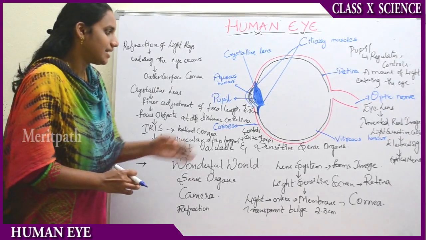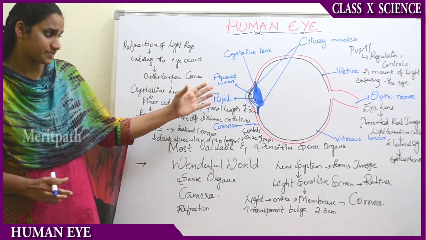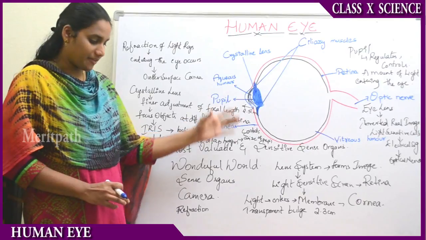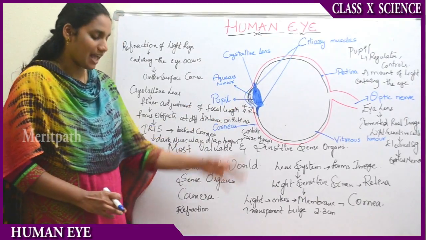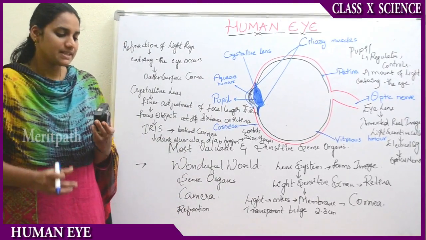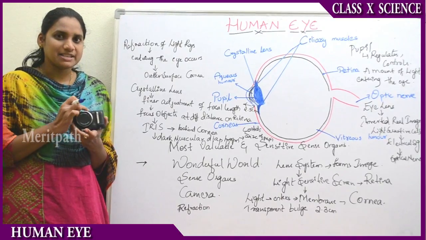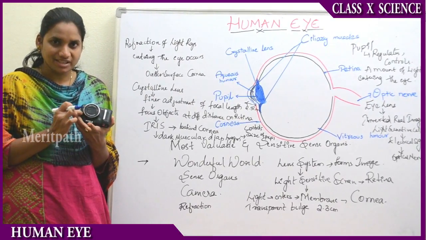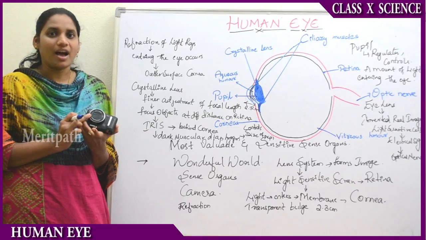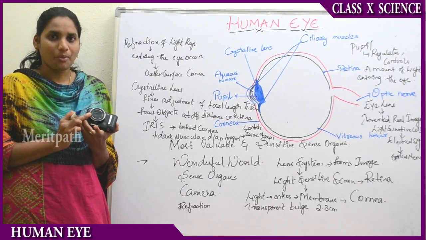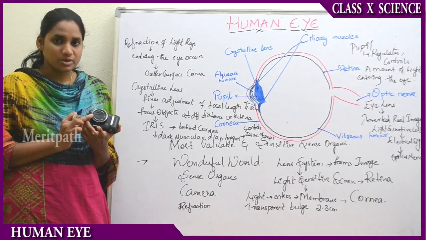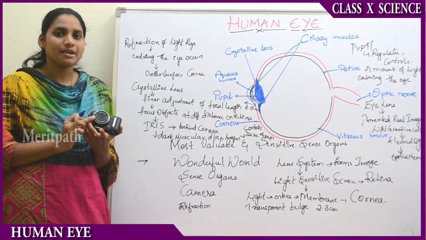If you see here, the structure of the eye has been drawn, and we are comparing this eye with a camera. The camera has a spherical-like structure, and the lens of the camera is the most important part, playing a prominent role.